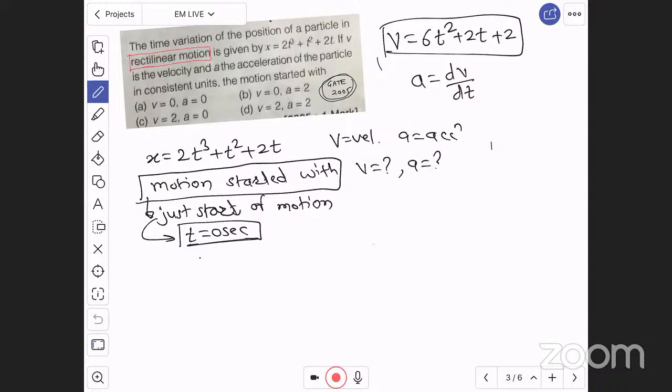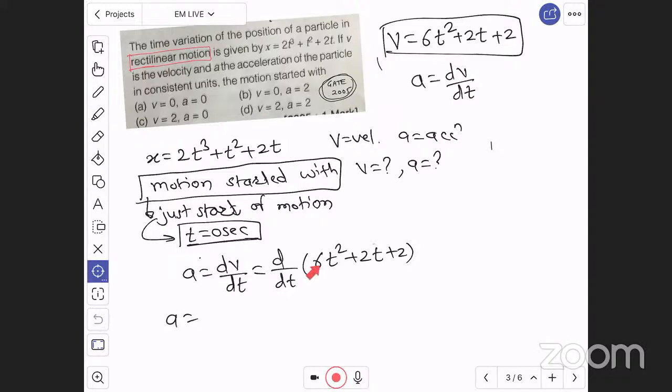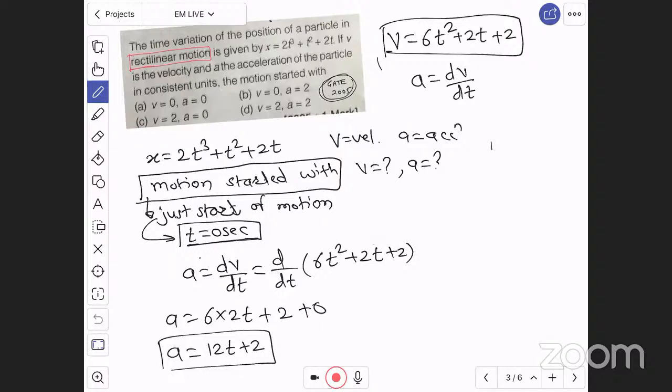Therefore acceleration is d/dt of 6t square plus 2t plus 2. Here this 6 is constant, and the derivative of t square is 2t, therefore 6 into 2t, plus the derivative of 2t which is 2, and the derivative of the constant 2 is 0. Therefore acceleration is equal to 12t plus 2. This is your acceleration equation.